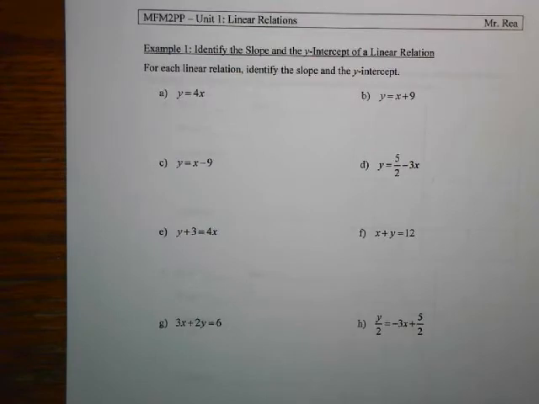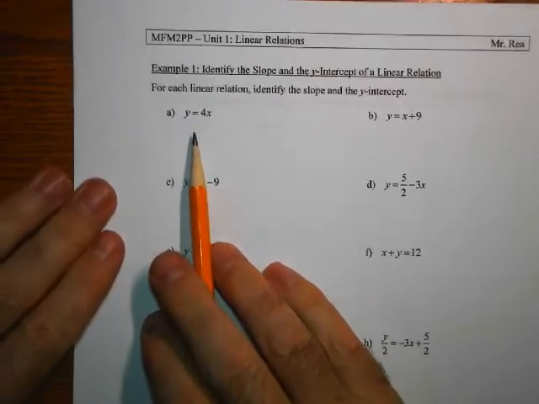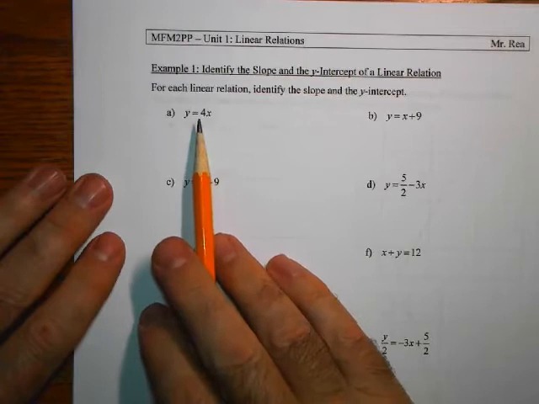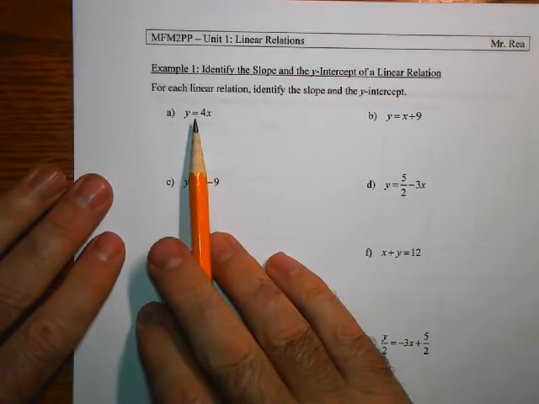Okay, so we're going to do some exercises here. We're going to start off by looking at some equations of linear relations. So we already know they're linear relations. We don't have to figure that out like we did last lesson. What we're going to do is take the equation and figure out what the slope is and what the y-intercept is.